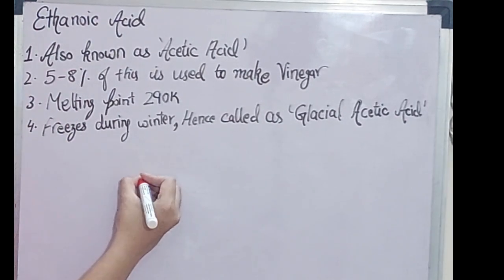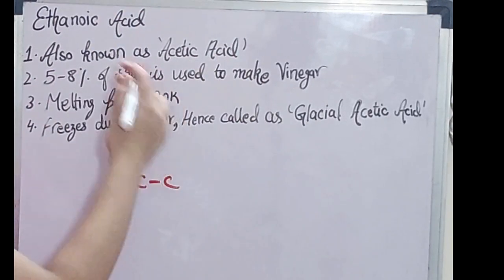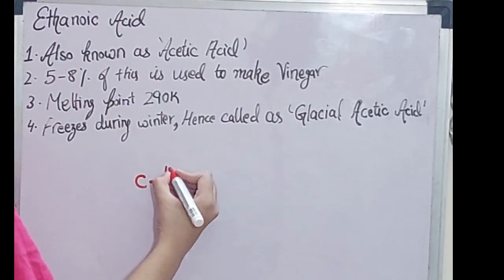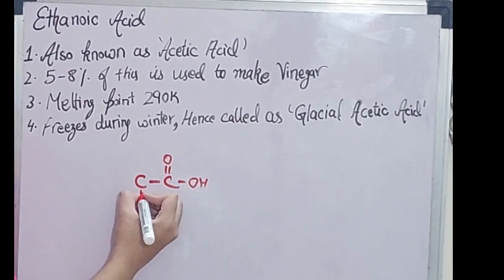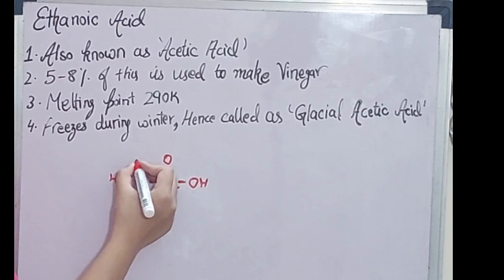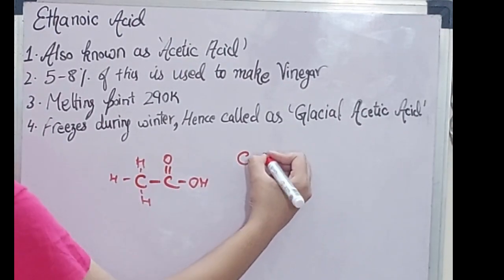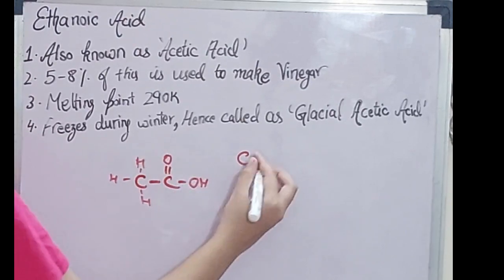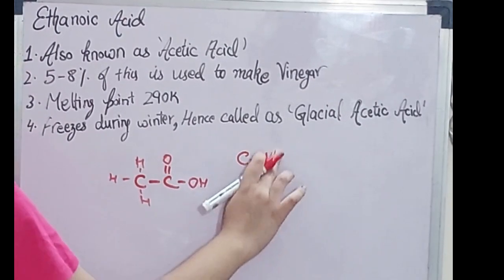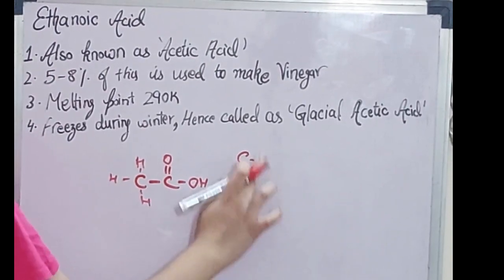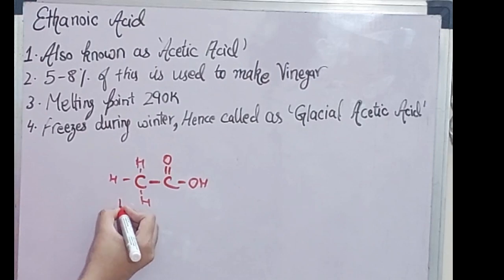Eth means two carbon. In means single bond. Oic means double bond oxygen, single bond OH, and then completing the valency. So C2H3, one minute, let's not write it down like that. Let's write it down in phases.